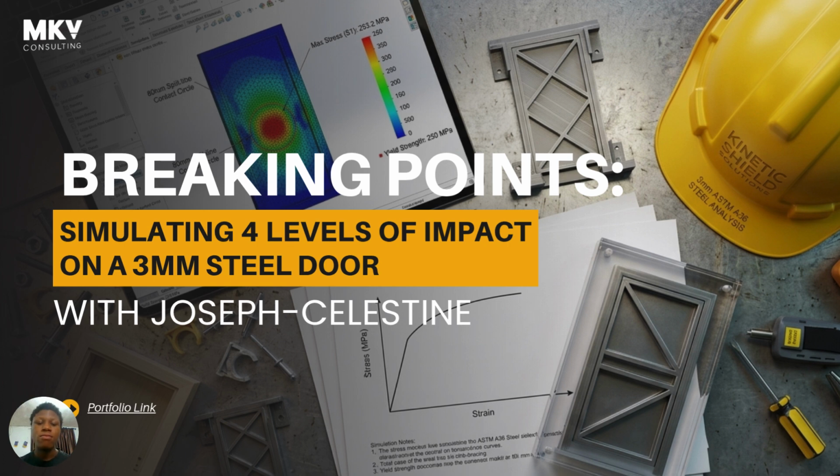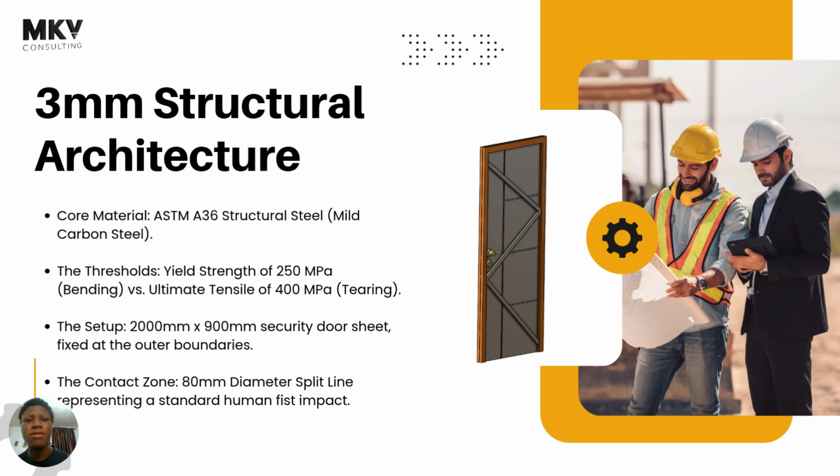For this simulation, we'll be working with a 3 millimeter structural architecture. For context, simulation is very easy. Simulation, especially with SolidWorks, is really predictable. It's a very straightforward process. All you have to do is know the steps.